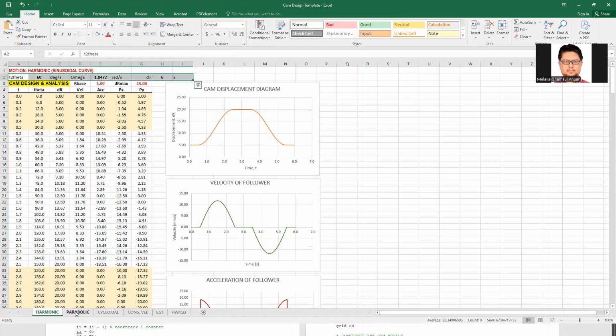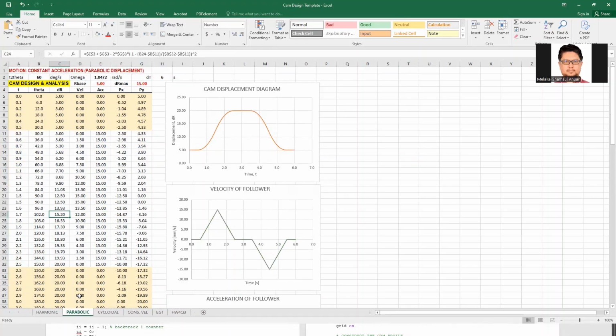So what you can do is go to constant acceleration, which is parabolic, and under dr here, which is the delta r, the displacement, you go to the place where you know it is climbing or increasing or rising. So this is the beginning of rising in this template for parabolic.